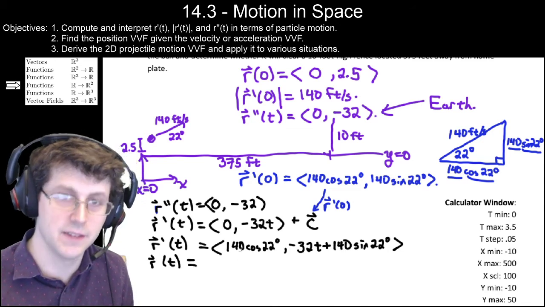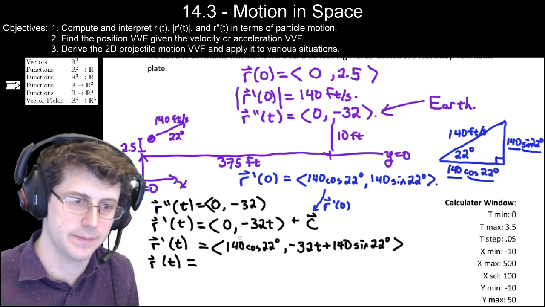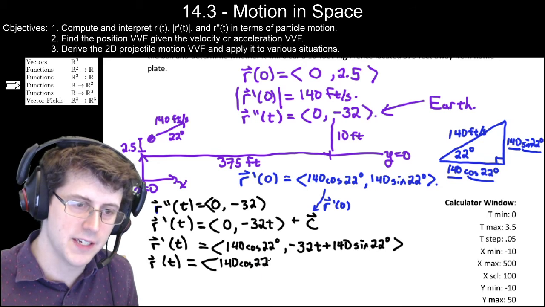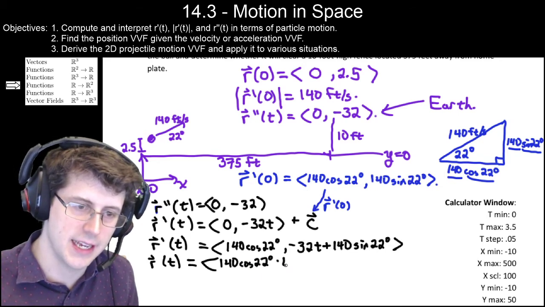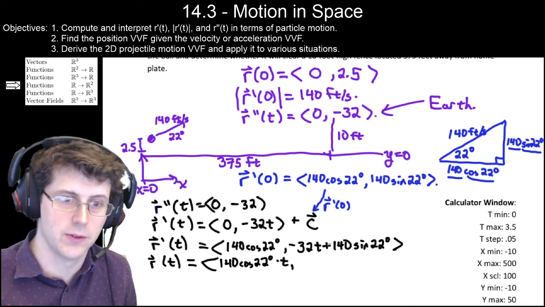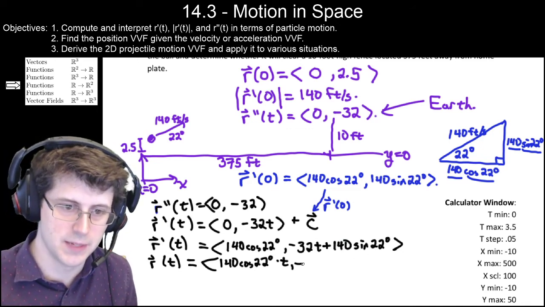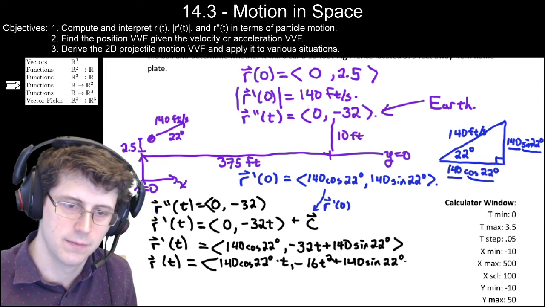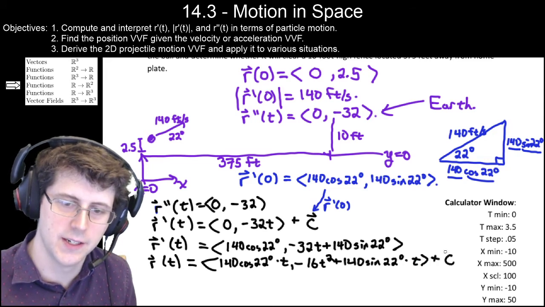So take the integral of the first component. This is a constant, so its integral is easy. I try to never say that things are easy, but in this case, it is. This one has two terms, so to do the integral, we'll have to do the integral of each term separately. And since I just did an integral, I need a plus c again.